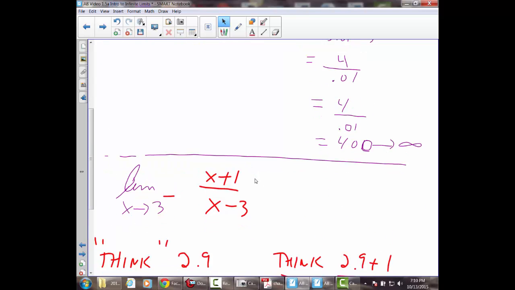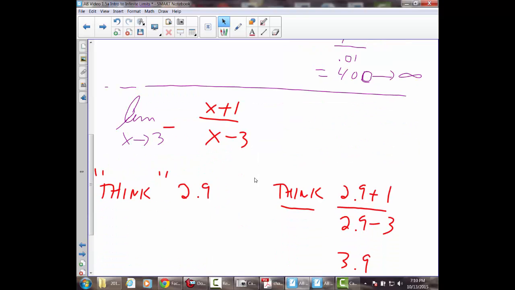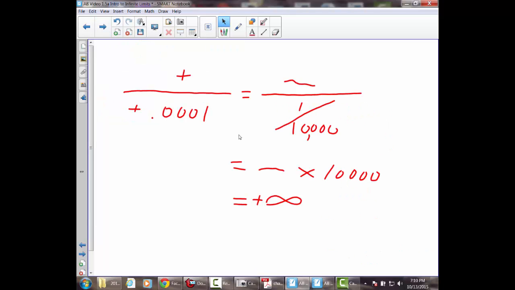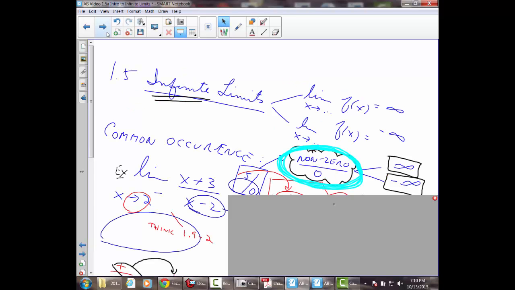Now, if I approach from the left, let's say 2.9 plus 1 over 2.9 minus 3, well, this is negative 1/10, so you would multiply that by negative 10, and that would give negative 39. And of course, the closer and closer the number is, the bigger that denominator will be, which means when you multiply by the reciprocal, the larger your answer will be.